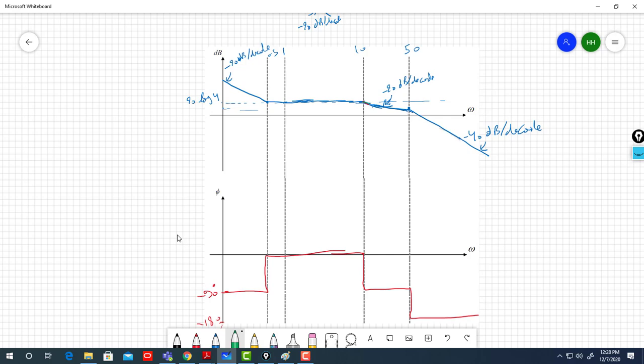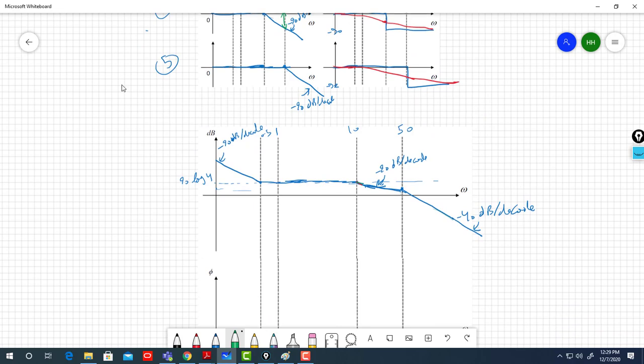You don't need the exact one, but the exact one is easy to draw actually, because we know we go this way and then maybe this way. Okay, that's how it looks like, and that's everything about the Bode diagram, how to draw this.